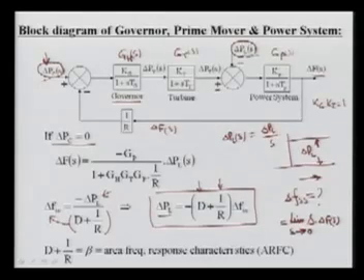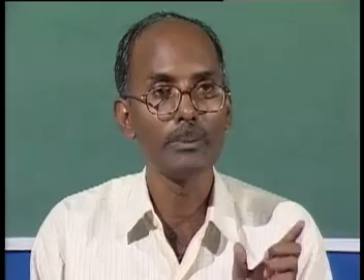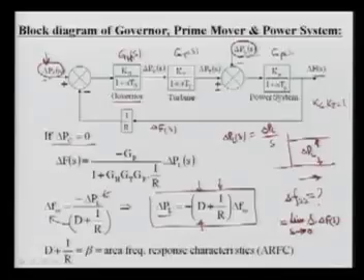You can see this R is the governor characteristic and the D here is your load characteristic. Suppose your load is increased, the frequency will fall, and this will be cancelled out. So that load increase will be met by your frequency dependent component. This is D, that is load, and this is the generator component.